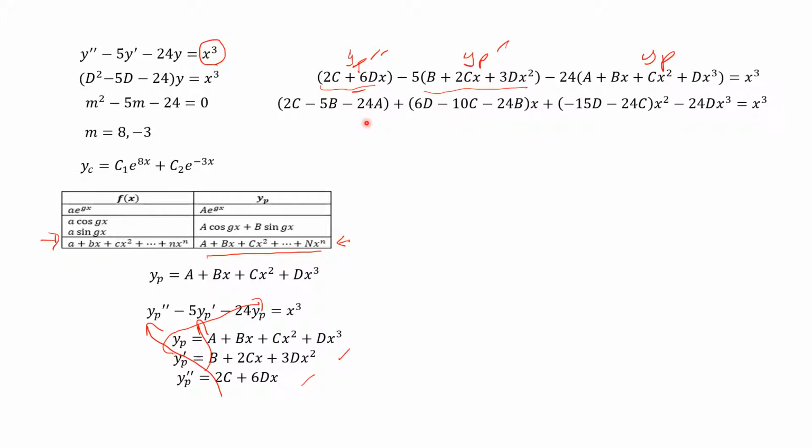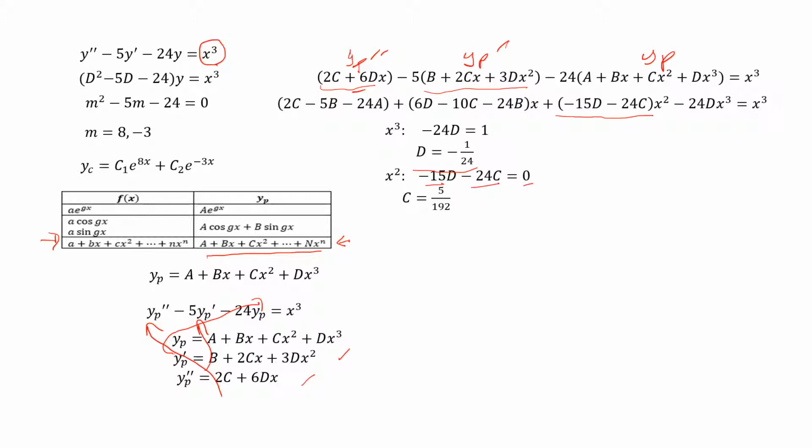Now we can equate coefficients of like powers. For x cubed, negative 24d is the coefficient of x cubed, so you know already d: d is negative 1 over 24. Now, using x squared, there is no x squared on the right side, so you have negative 15d minus 24c equals 0.